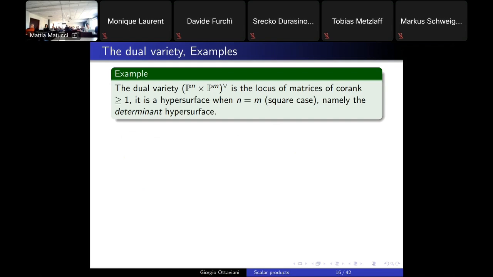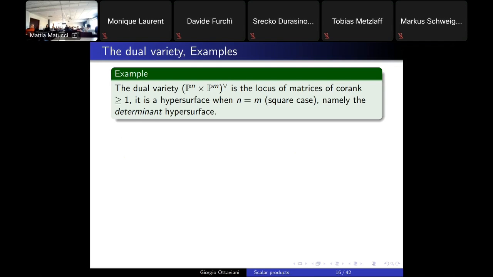When the matrix is square, it is a hypersurface, which is exactly the determinant. Otherwise, this dual has a higher codimension. For rectangular matrices, the locus of matrices of co-rank 1 has codimension given by the difference of these numbers plus 1.